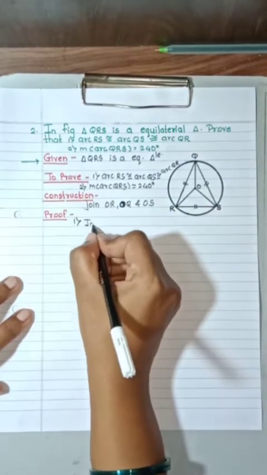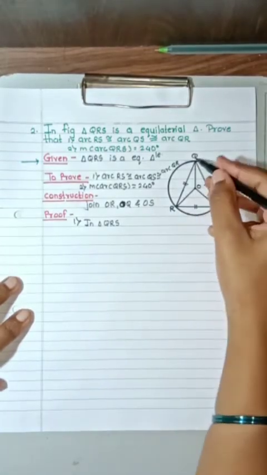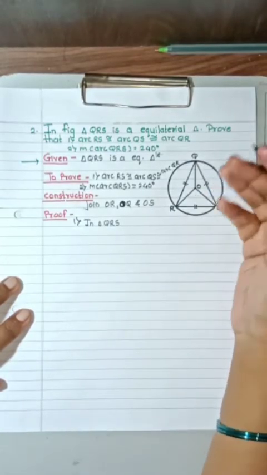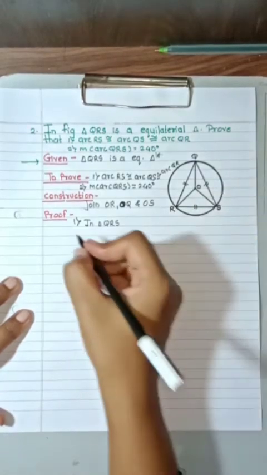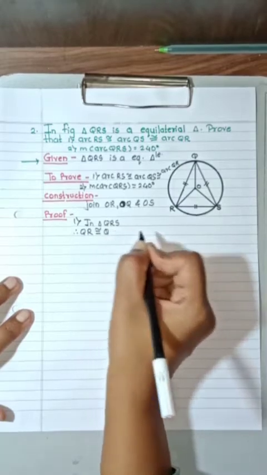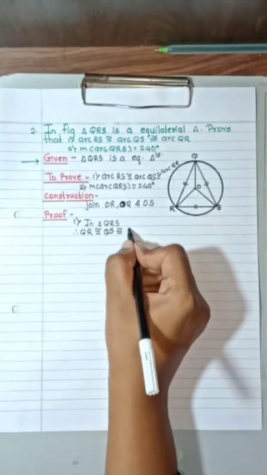In triangle QRS, you know that QR is congruent to RS is congruent to QS, as the triangle is an equilateral triangle.